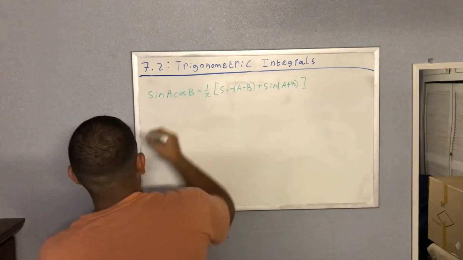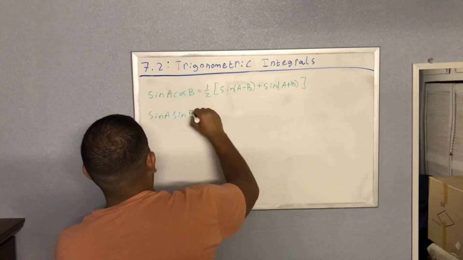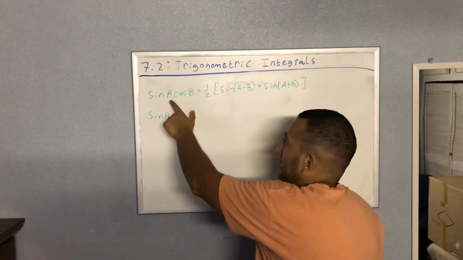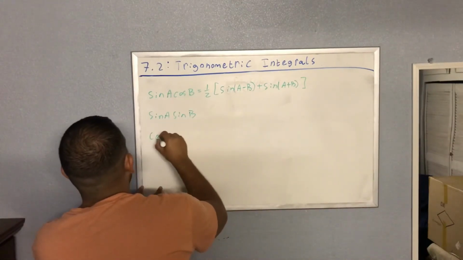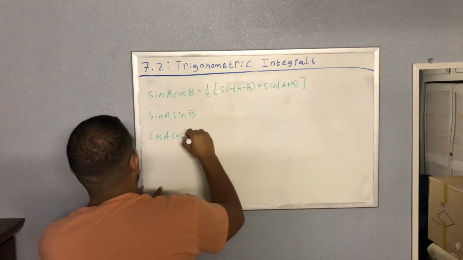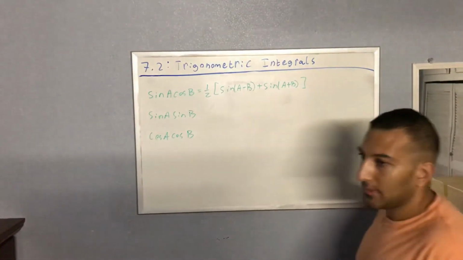So this one is if you mixed a sine and a cosine, and then the other two are where you have sine, sine, and cosine, cosine. A and B just represent different angles.